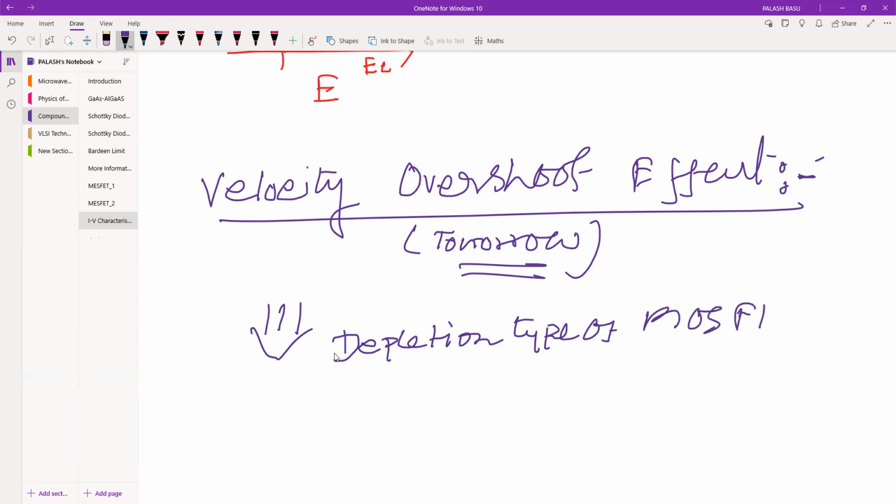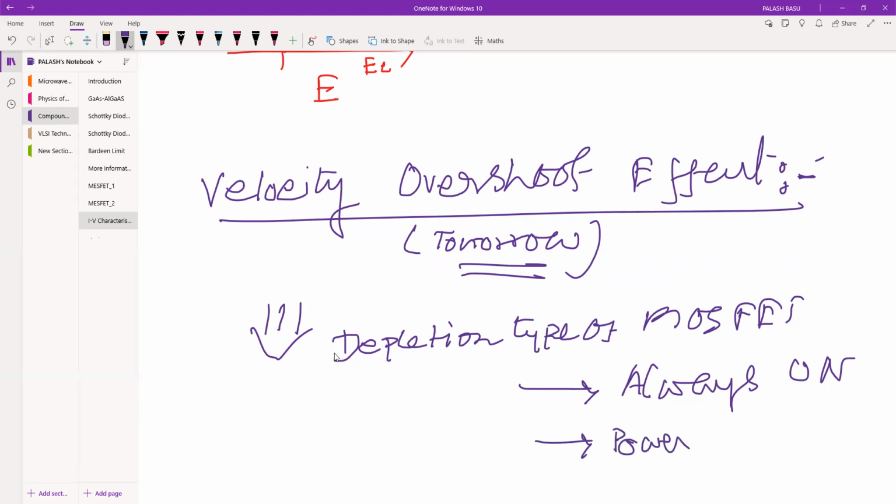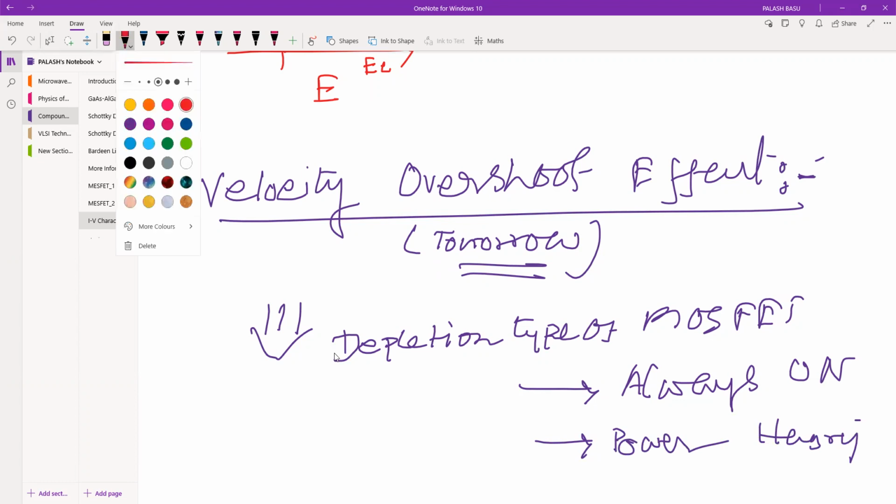The depletion type of MOSFET is a power hungry device because it is an always on device, and we are actually turning it off. Since it is always on, it is a power hungry device. So these are the disadvantages.